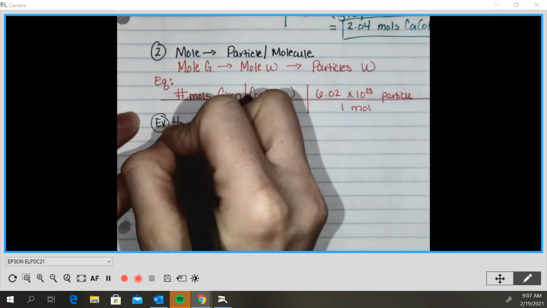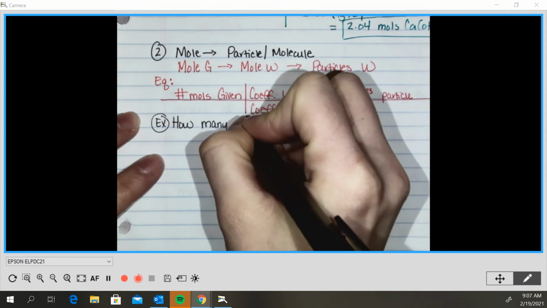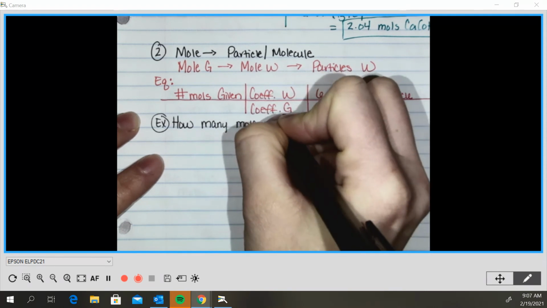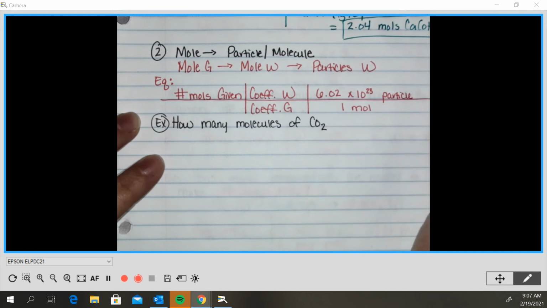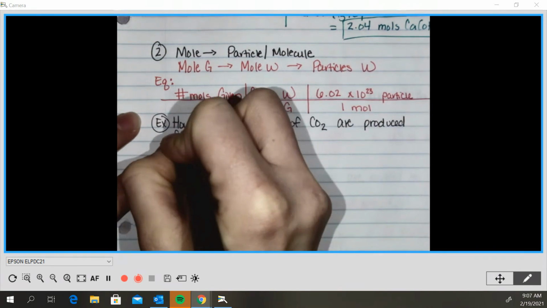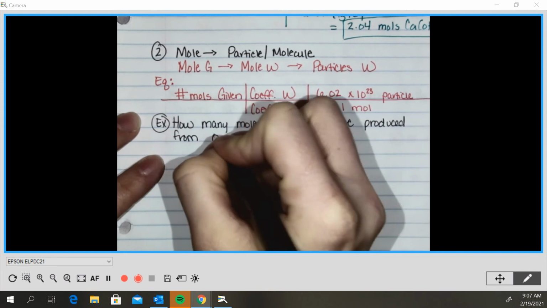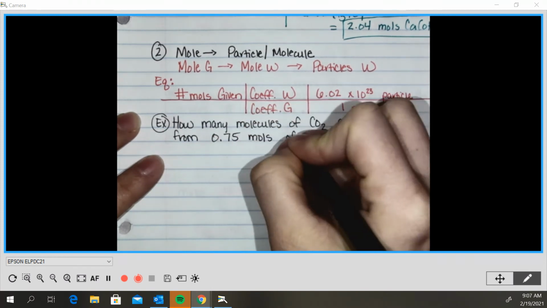How many molecules of CO2 are produced from 0.75 moles of propane?